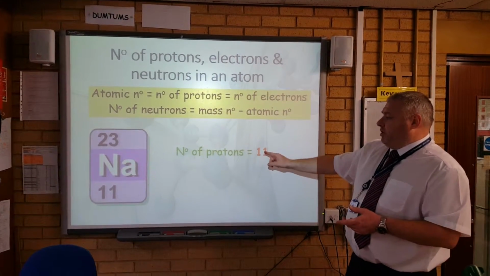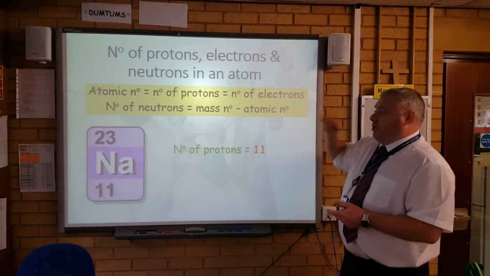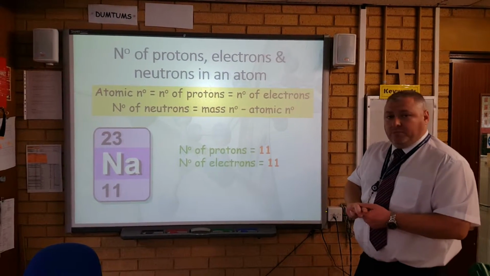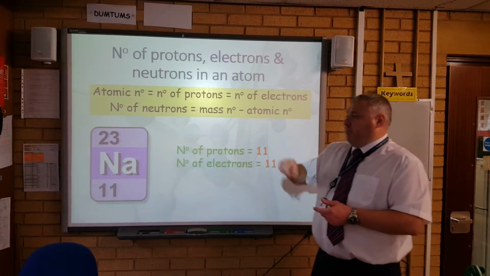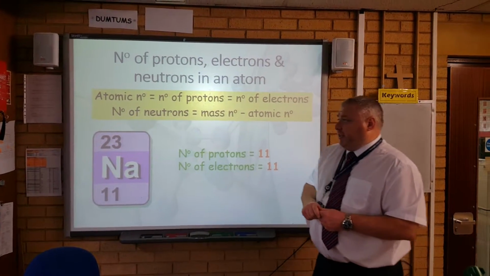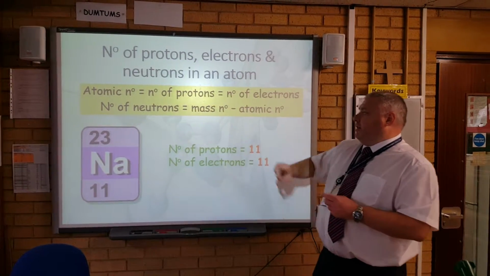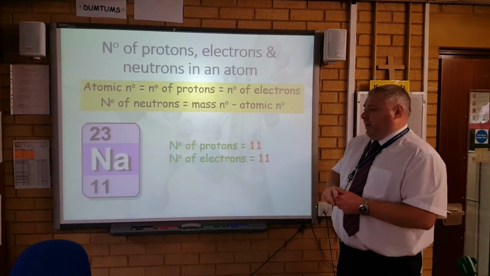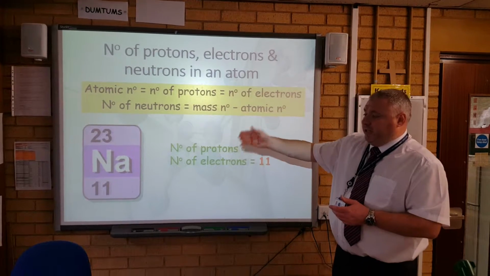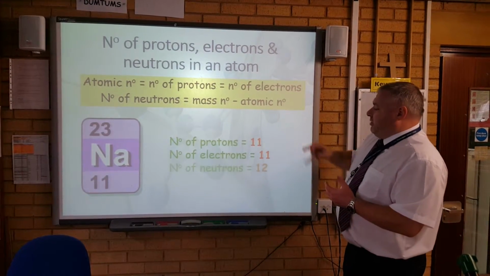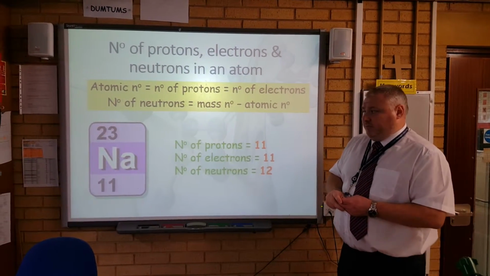So the number of protons is going to be 11, and the number of electrons is also going to be 11. Now the mass number is 23, and to work out the number of neutrons, we take the mass number and subtract the atomic number. So 23 take away 11 gives us 12 neutrons.